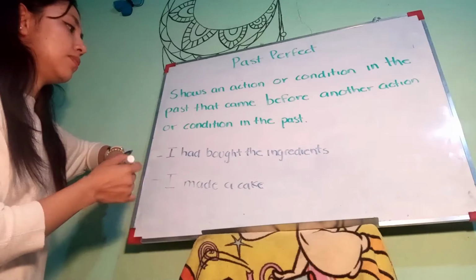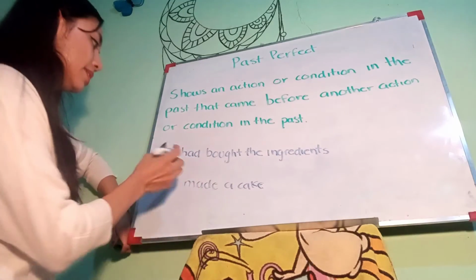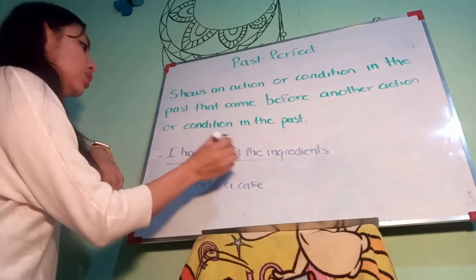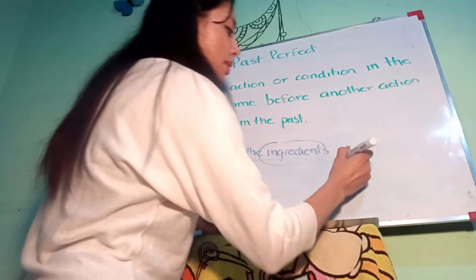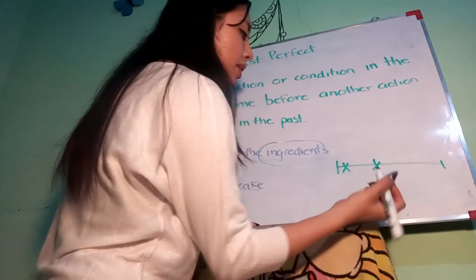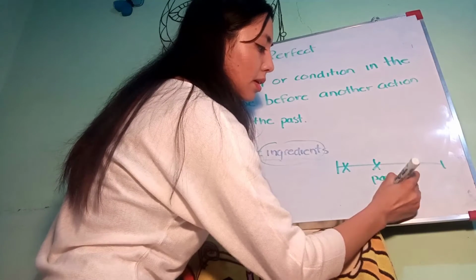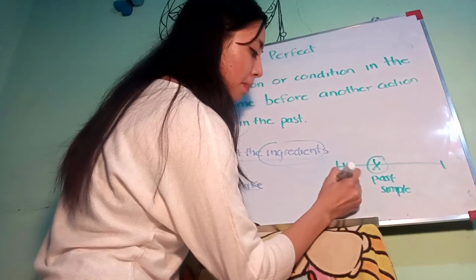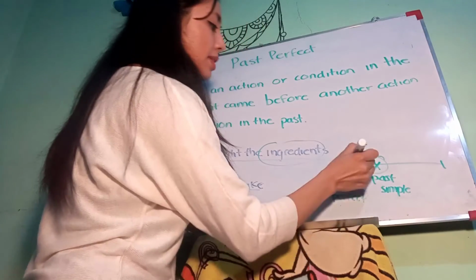What do you think is the first part of the sentence? Yes, I have bought the ingredients, because you need the ingredients to make a cake. So the past perfect is before the past simple. Past simple is here, and past perfect is in this section.